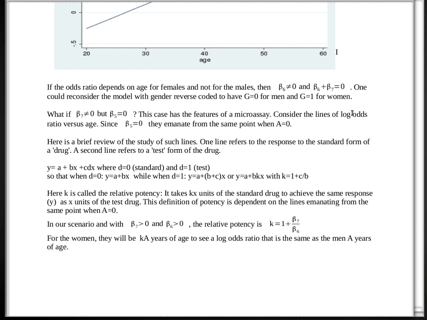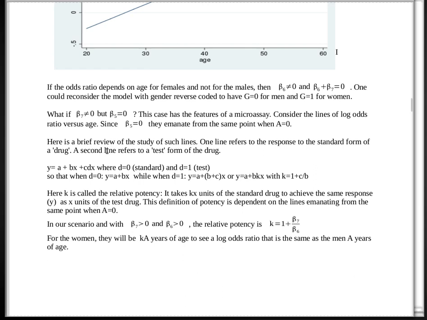Again, we will be coming back to this in a later session. But in fact, it means that we get the ability to study a quantity called the relative potency, which is describing how the explanatory variable works on the outcome.